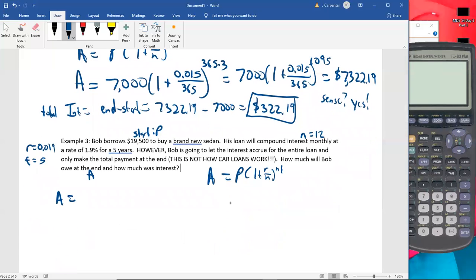So our principal was the 19,500. Open parentheses, 1 plus. The R was 0.019. You find a lot of car loans that are like 2.9, 1.9%. Then divided by the N, we compound monthly, so 12. Raised to the NT, which is 12 times 5. And again, you really want to see that 12 times 5 being a 60 before you put it in your calculator, for most, if not all of us.